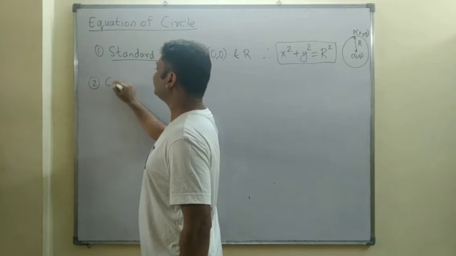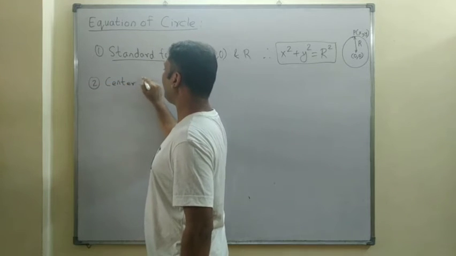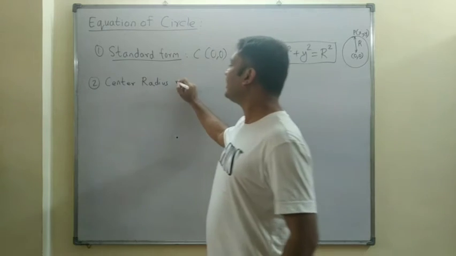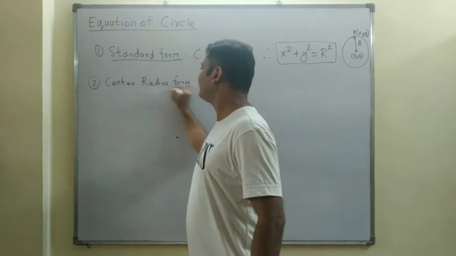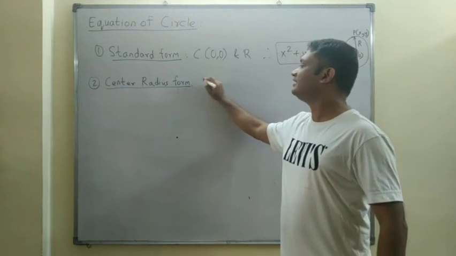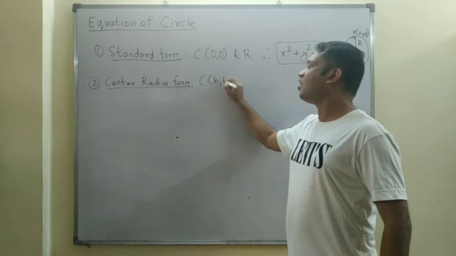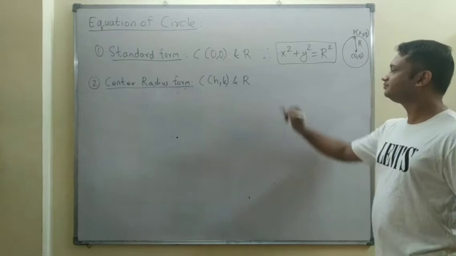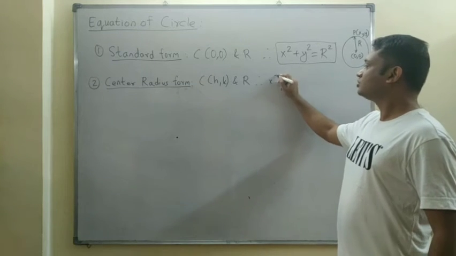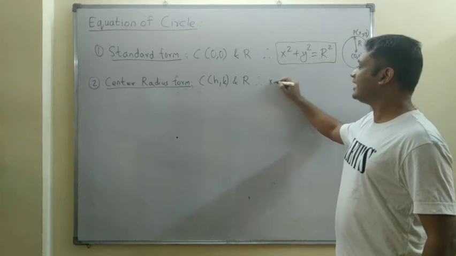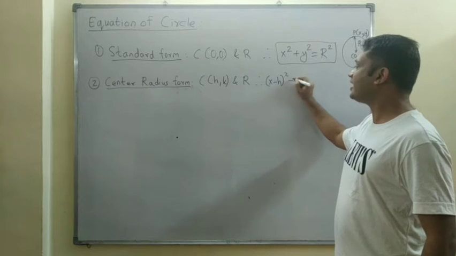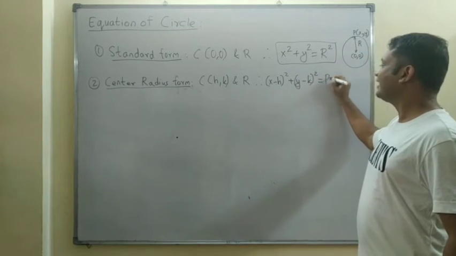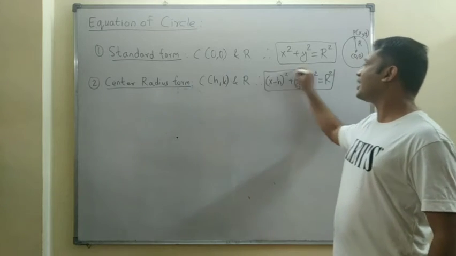Next we derive the center-radius form. The center-radius form is like the standard equation of the circle itself, but the center here is (h, k) and the radius of the circle is r. So (x − h)² + (y − k)² = r².